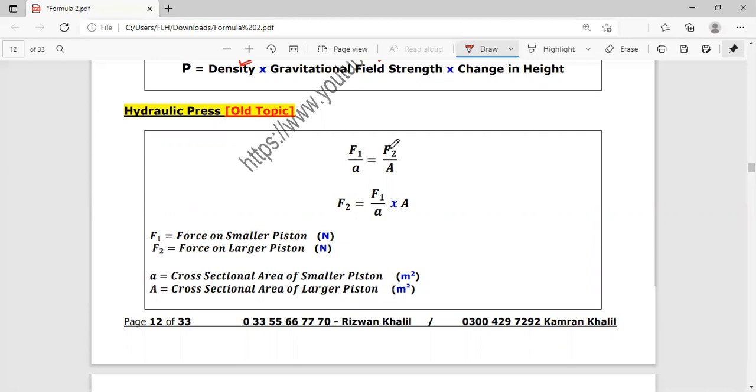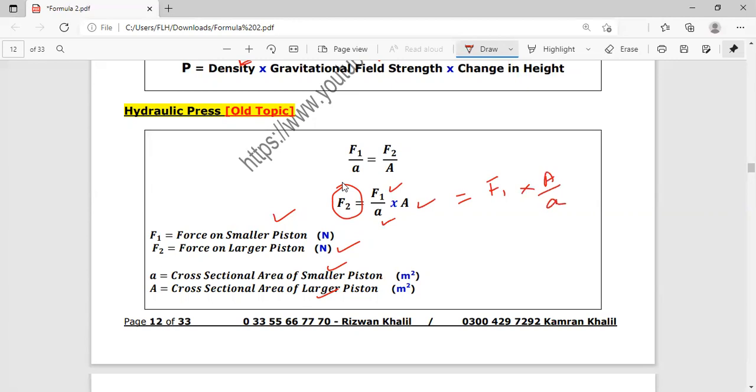F1 over small a equals F2 over capital A, where F1 represents force on the smaller piston, a represents cross-sectional area of the smaller piston, F2 represents force on the larger piston, and capital A represents cross-sectional area of the larger piston. And from here we can write the formula that F2 is equal to F1 over small a into capital A, or it can be rewritten like this as well, A over a.